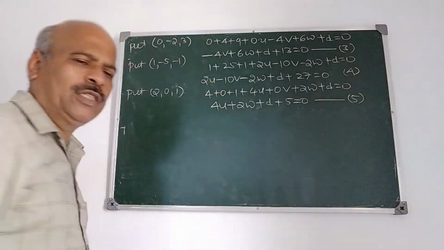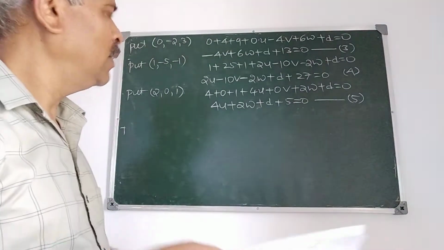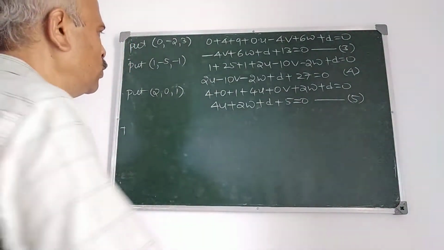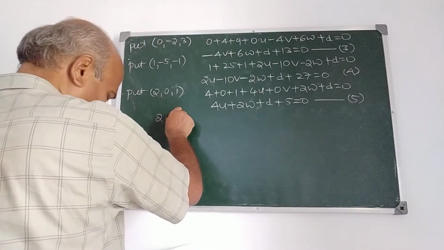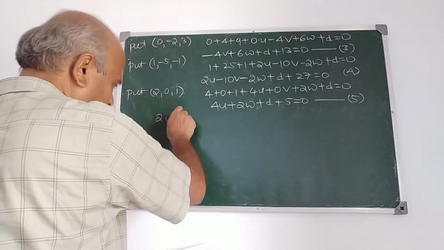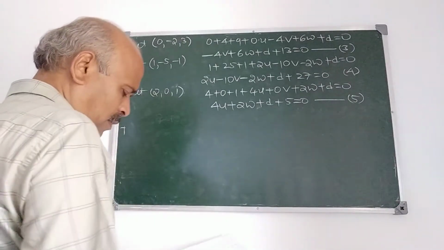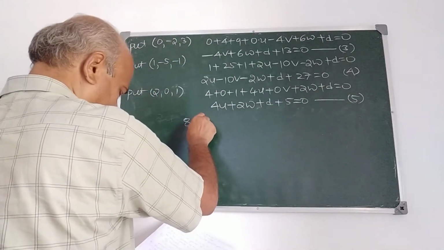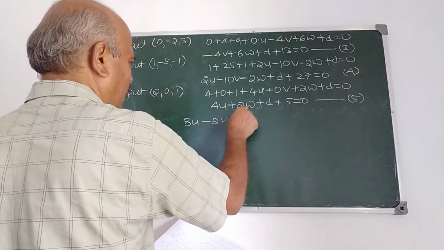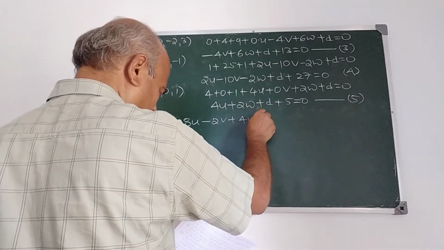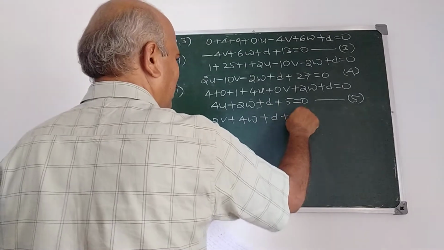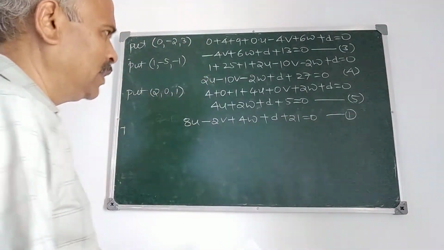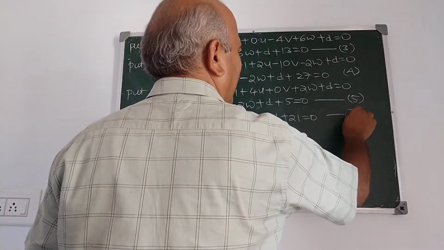What are those 4 equations? The first equation is 8u minus 2v plus 4w plus d plus 21 is 0. You verify this. This is 2, because 1 is the general equation we have taken.